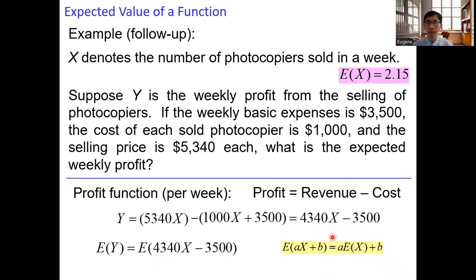Applying this formula, the expected value of a linear function aX plus b equals a times E of X plus b. And now we have a equals 4,340, and the value of b equals minus 3,500.